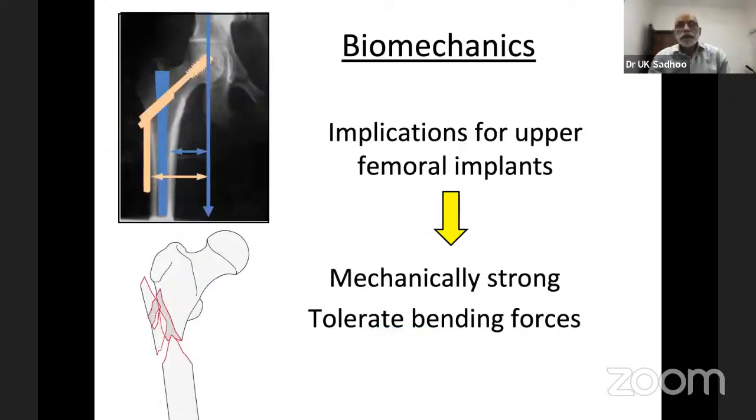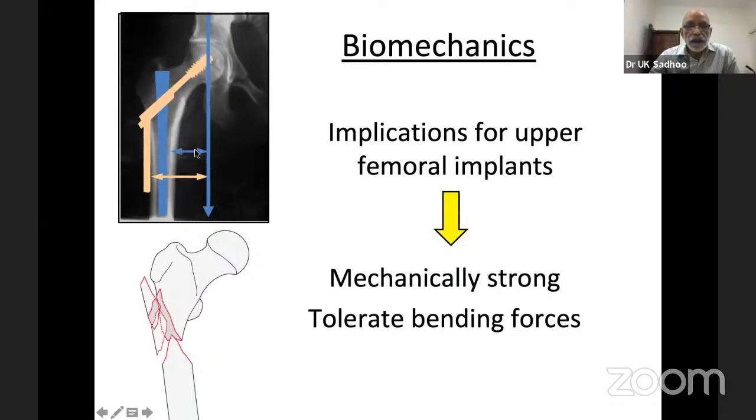Now, there are basically two kinds of implants that are utilized. One is something like a DHS, which is extramedullary, and the other is intramedullary nails. So plate from the outside or a nail from the inside.